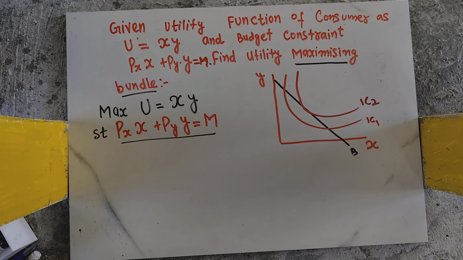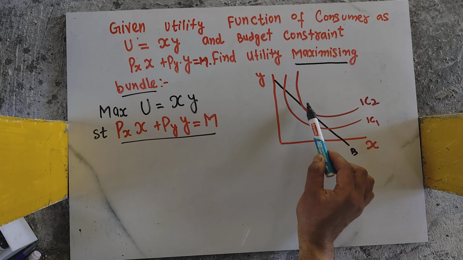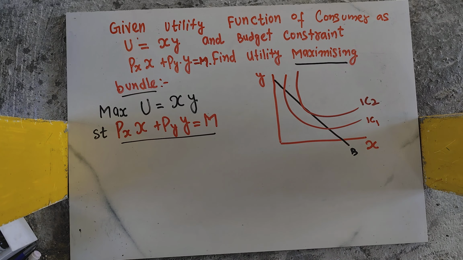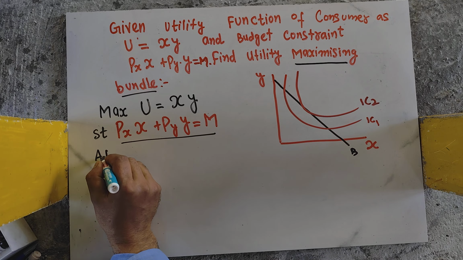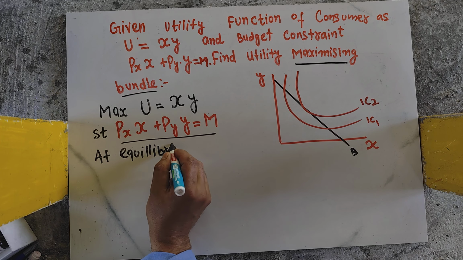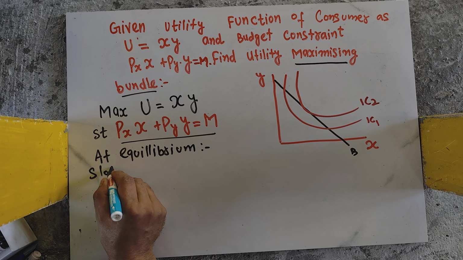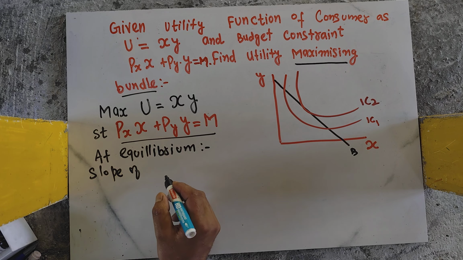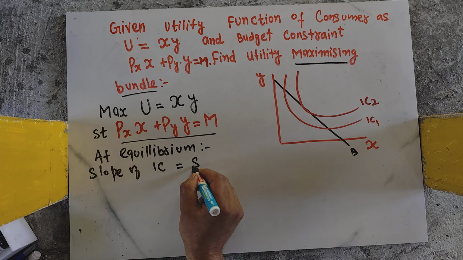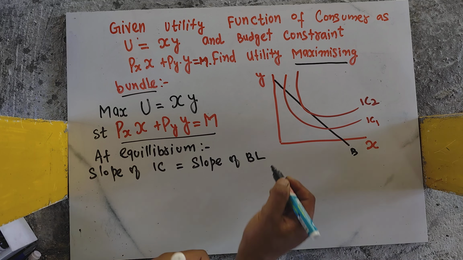Okay, so what happens at optimality? The slope of the budget line and the slope of the indifference curve should be equal. So at equilibrium, the slope of the indifference curve should be equal to the slope of the budget line.